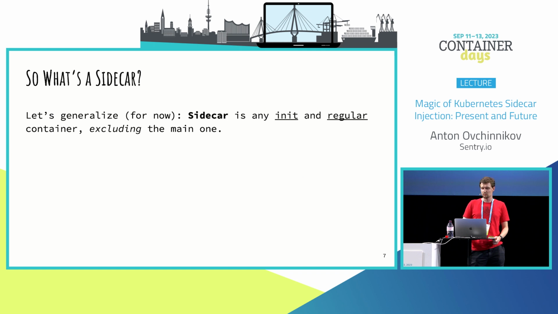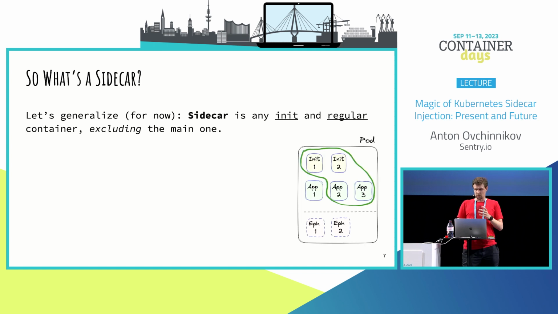So to stay compatible with this new definition, at least for this talk, let's agree that a sidecar will be any init or regular container, excluding the main one, just to reason about the extra utility we add to your app. So basically those.